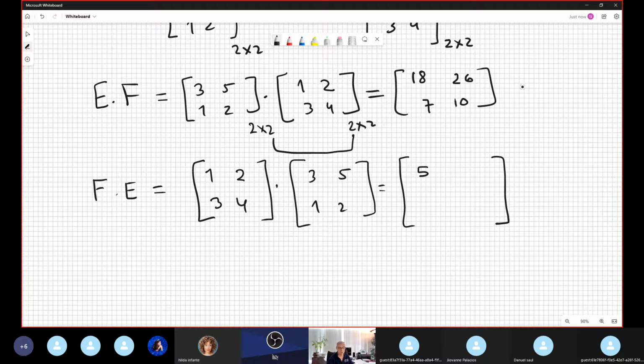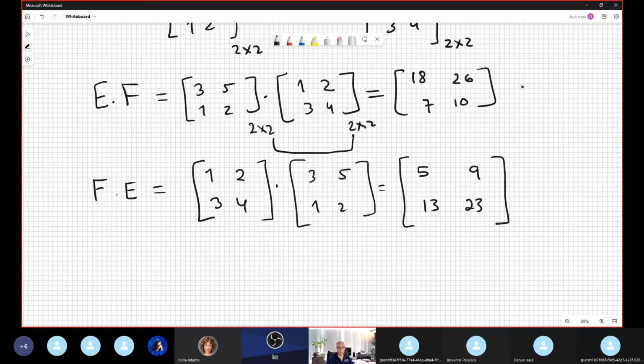Now multiplication is with the first row and the second column, sorry. 5 plus 2 times 2 is 4 is 9. 9 plus 4 is 13. And 15 plus 8 is 22.